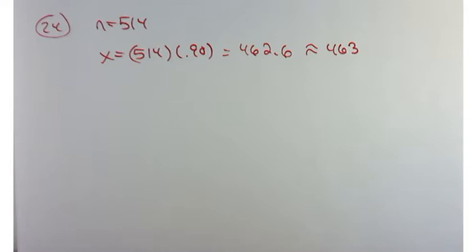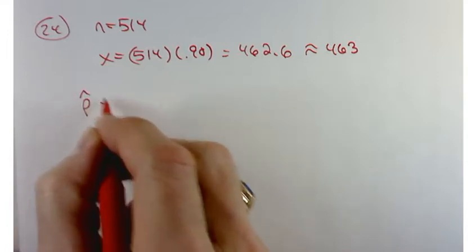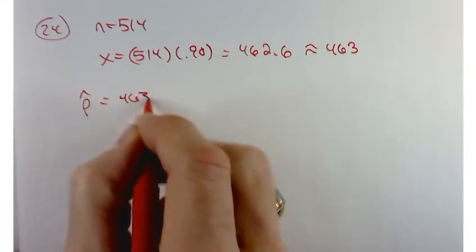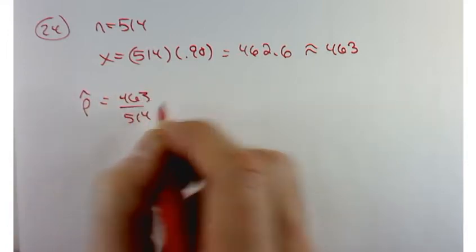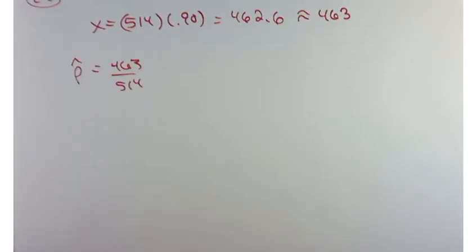Now it tells us to construct a 99% confidence interval for the estimate of the proportion of all human resource professionals. So our p hat is going to be 463 divided by 514. It's about 90% without calculating the exact decimal.